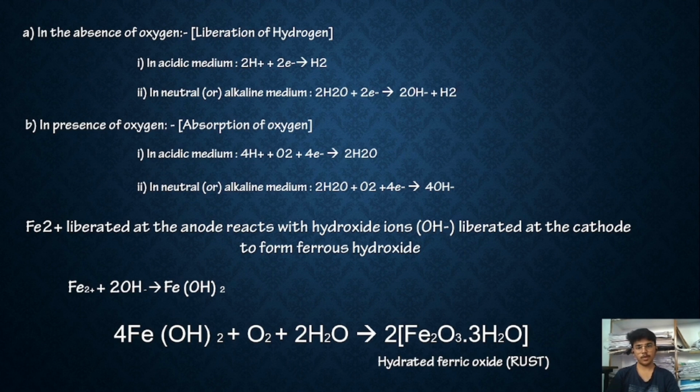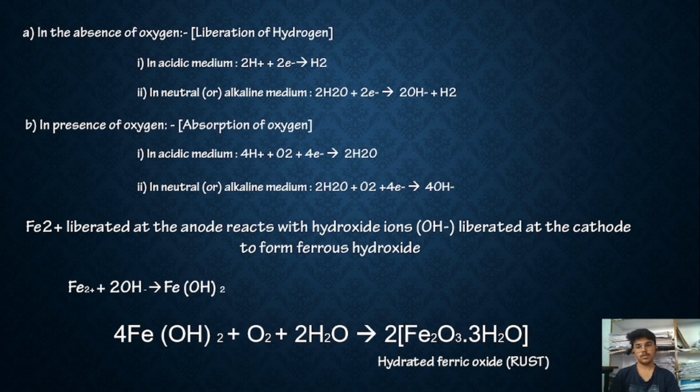In the presence of oxygen, that is, absorption of oxygen in acidic medium: 4H+ plus O2 plus 4 electrons forms 2H2O. In neutral or alkaline medium: 2H2O plus O2 plus 4 electrons forms 4OH-.